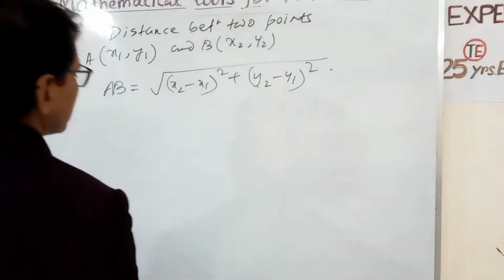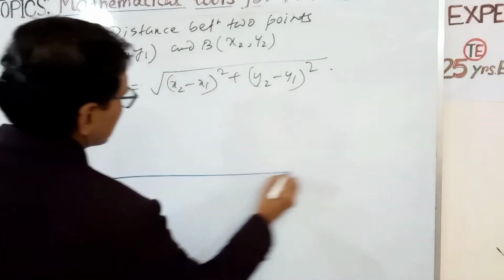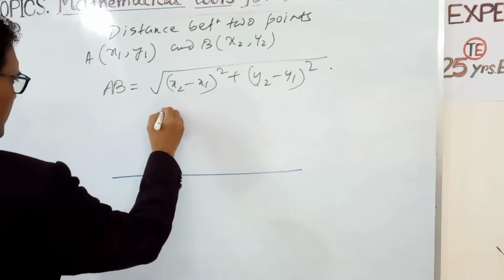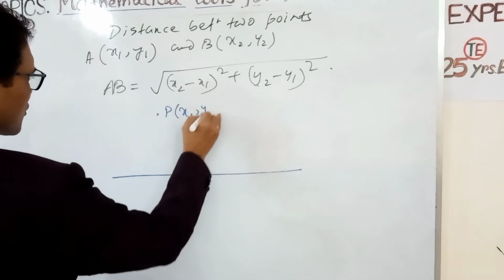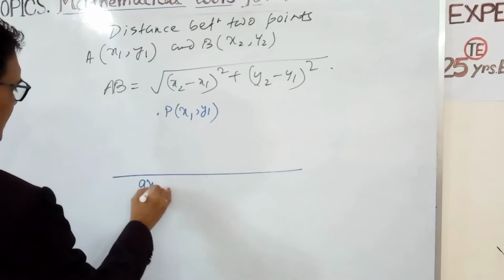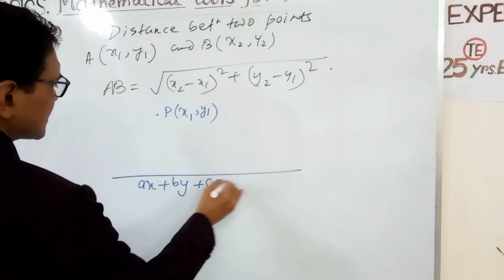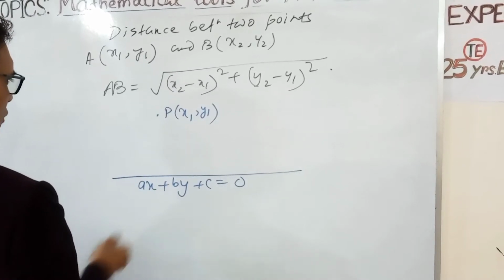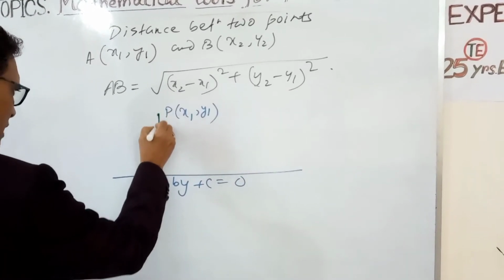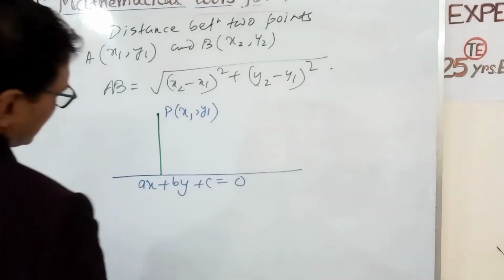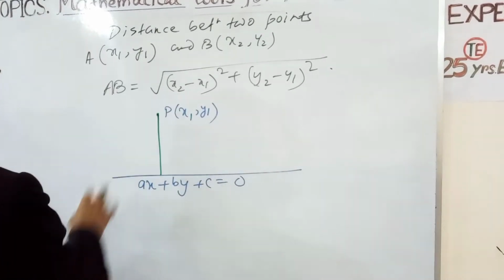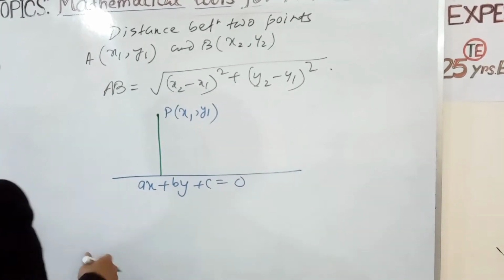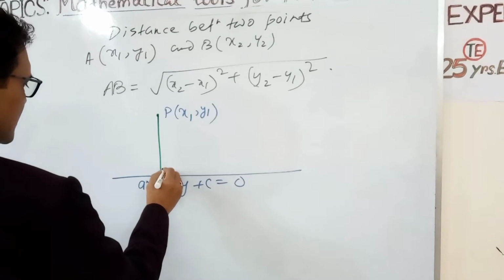Next, if the equation of a line is given and the coordinate of a point is given, suppose this is a point P whose coordinate is (x1, y1), and this is a straight line whose equation is this. What is the perpendicular distance of the point to the line? If we are asked to find the distance from the point to the line, we mean the perpendicular distance.